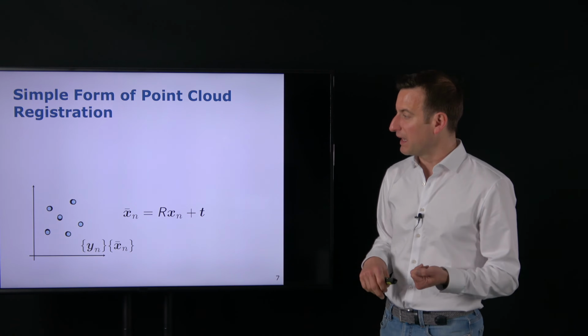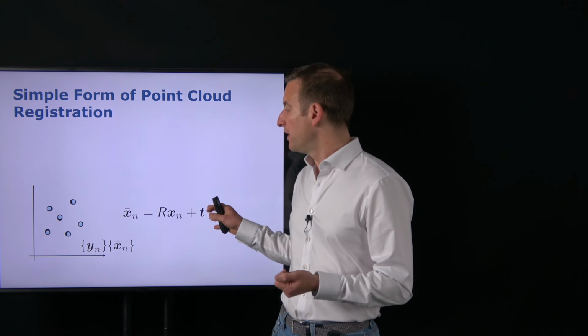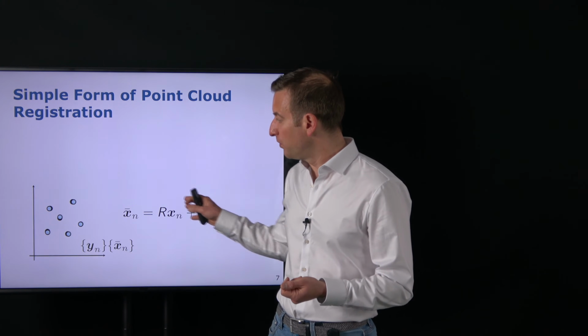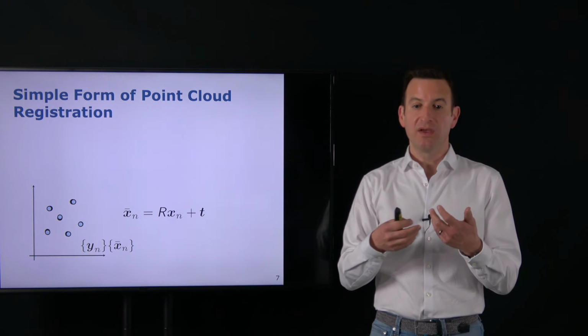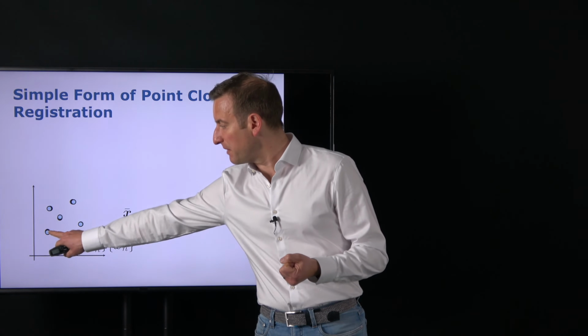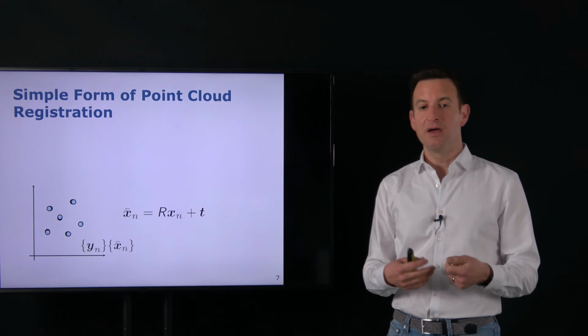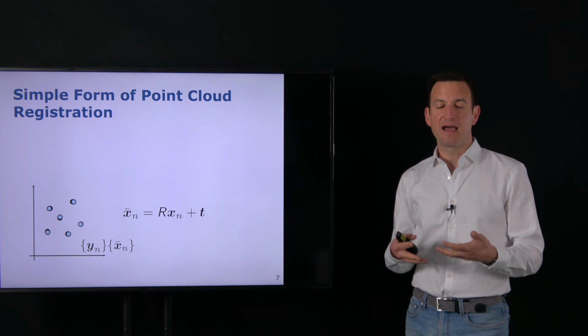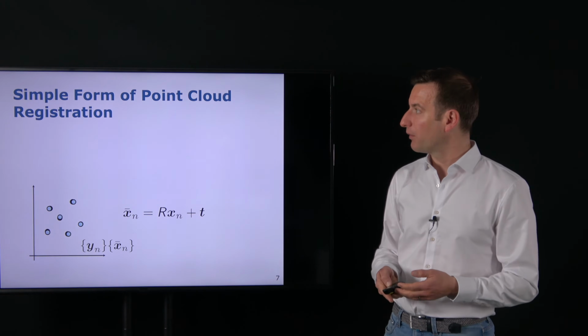And then we could apply that transformation and transform the points, the blue points, onto the red ones, and assuming that there's some noise in this process, there may be small variations in there, but overall we should get the alignment that minimizes this squared error.